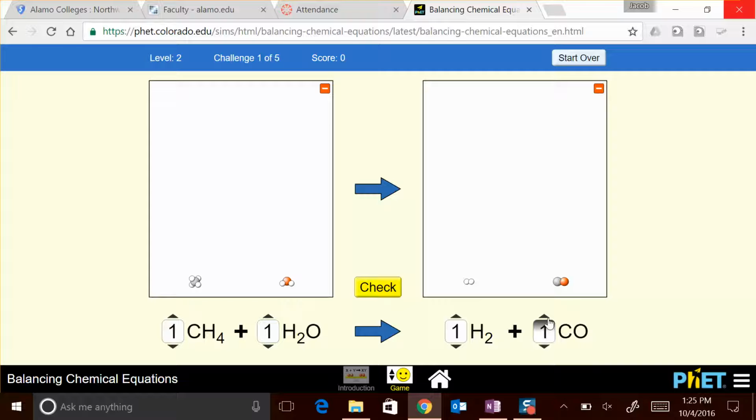So, what else do I need to balance? Oxygens, are they balanced? Yes. Okay? So what do I need to do? I just need to balance the hydrogens. I have 4 hydrogens on the reactant side. I need 2 hydrogens on the other side. 2 hydrogen molecules have 4.